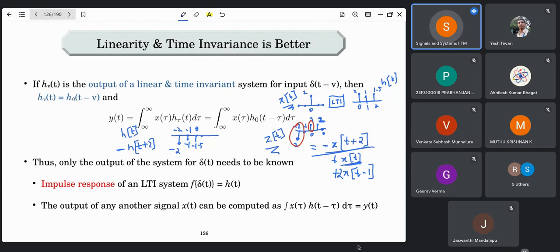And what is the output that corresponds to this term? So you basically shift. So let me redraw things.